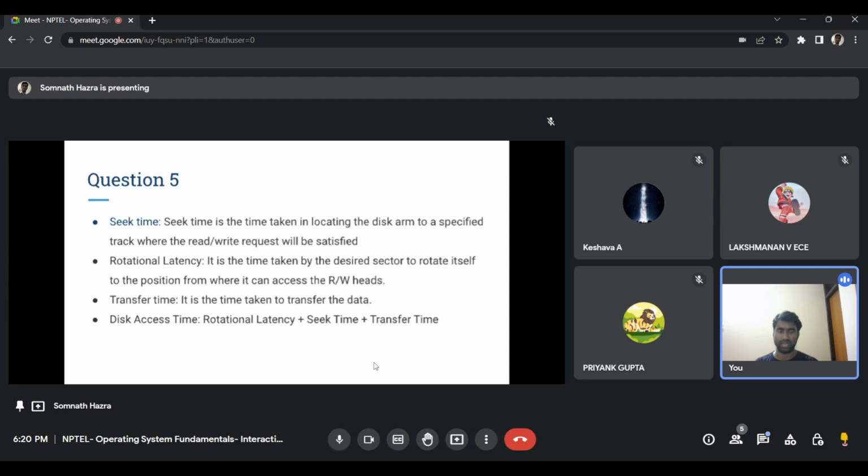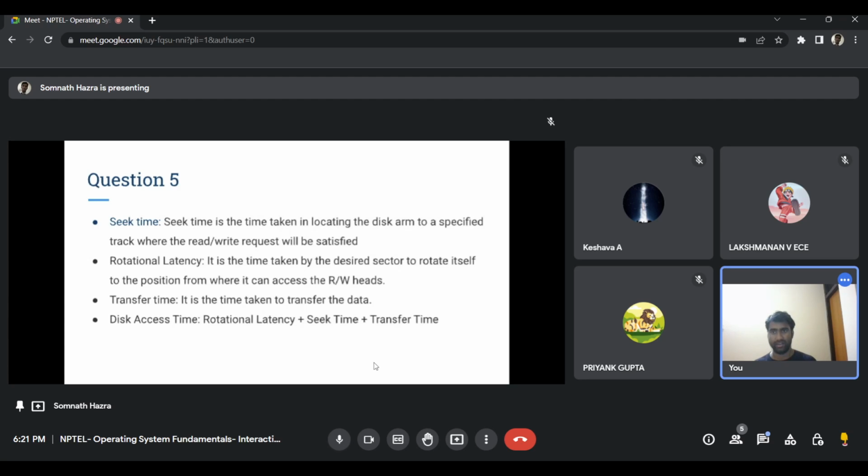That is the time taken for the transfer of the data between the secondary storage and the computer. And the disk access time is actually the sum of all these three: the rotational latency, seek time, and the transfer time. Because all these come under the total time that is taken for accessing the disk, right? So the sum of all these three is known as the disk access time.